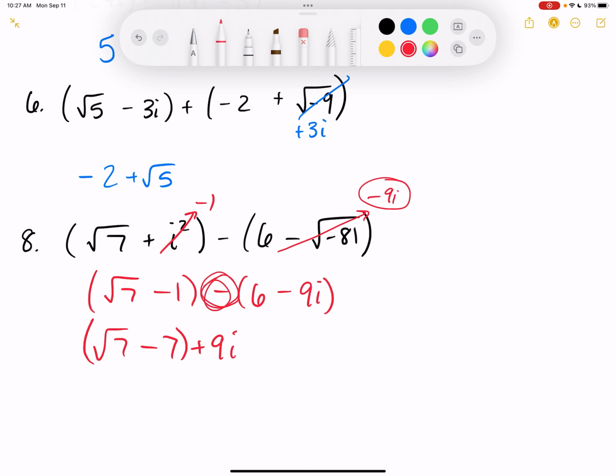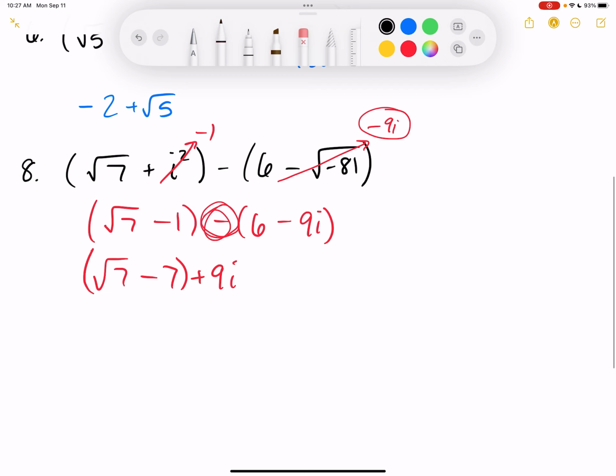Our next ones are find the product, and then still write it in standard form when it's all said and done. So 10, we've got 2 minus i times 1 plus 3i. So still FOILing, like we always have.